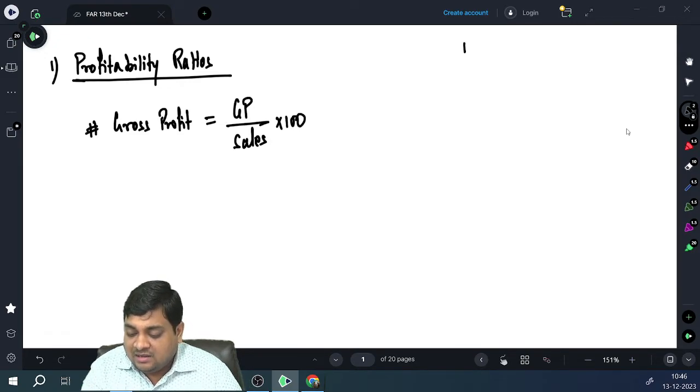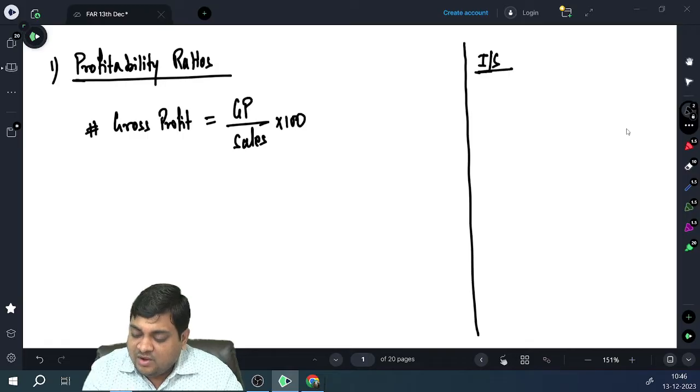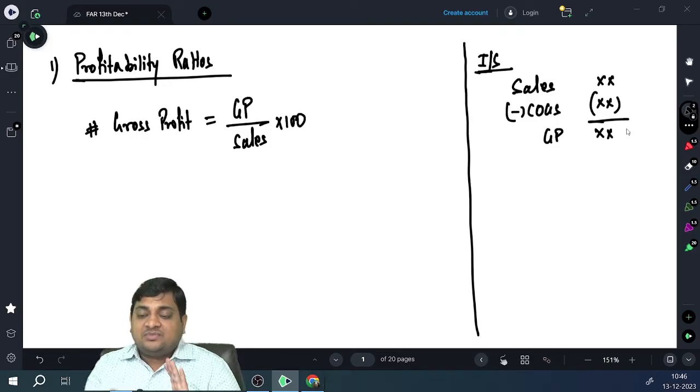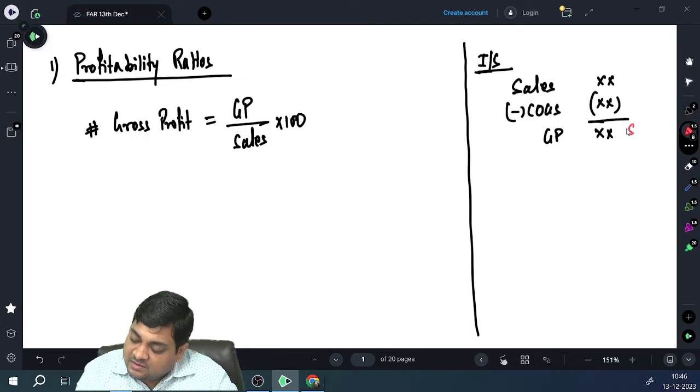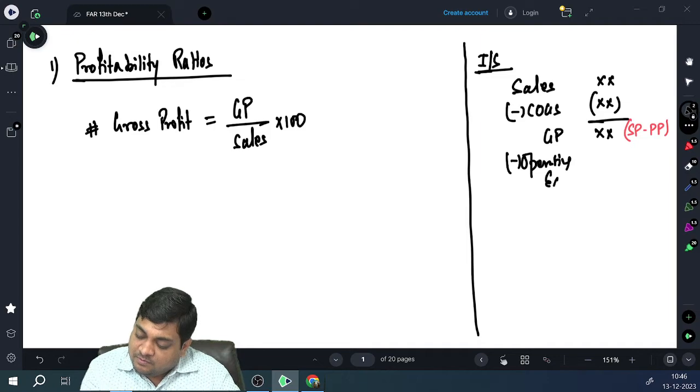But before that, let me give you a rough income statement, right? You have your sales, then you subtract your cost of goods sold, so you get gross profit. Gross profit is basically the difference between the selling price and the purchase price, nothing else, right? Then you have your operating expenses.